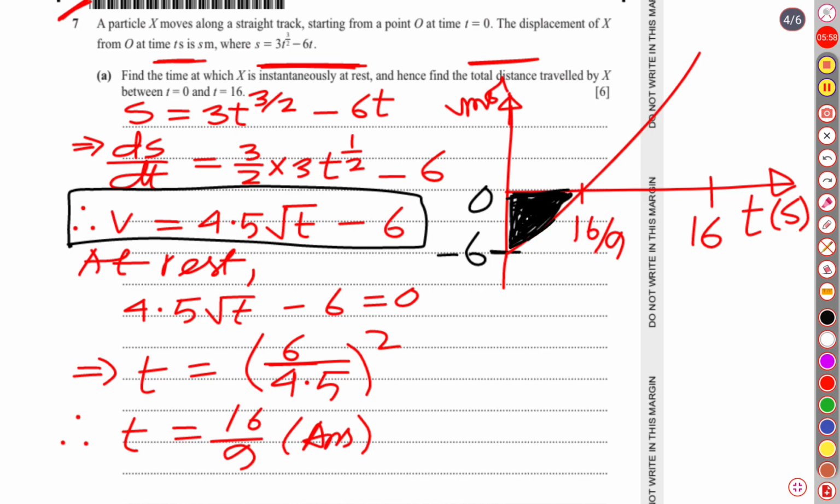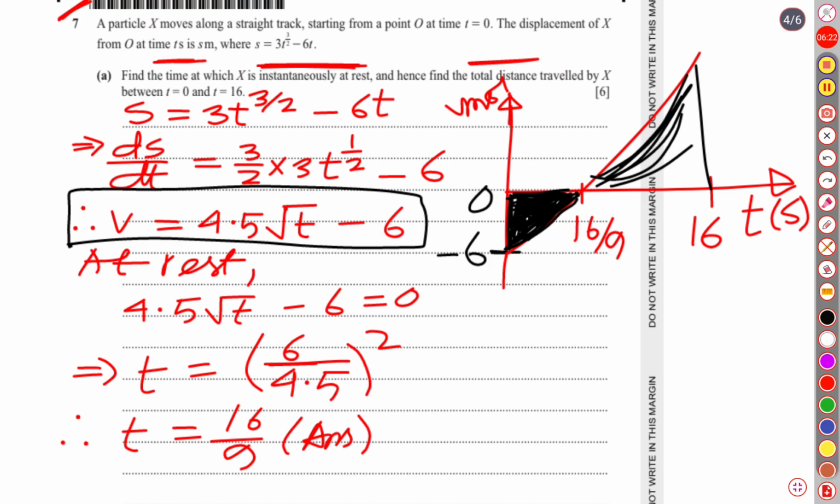That means surely this displacement, this distance, is negative, because it is lying below the x-axis. And the second part is over here, this part is lying above.